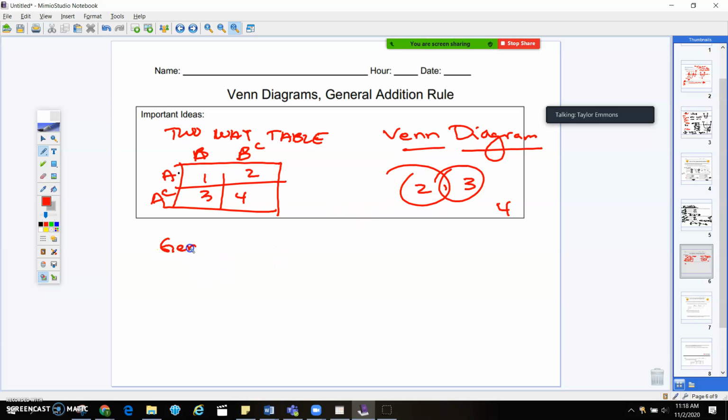The next thing that we learned about was the general addition rule. Super fancy name.